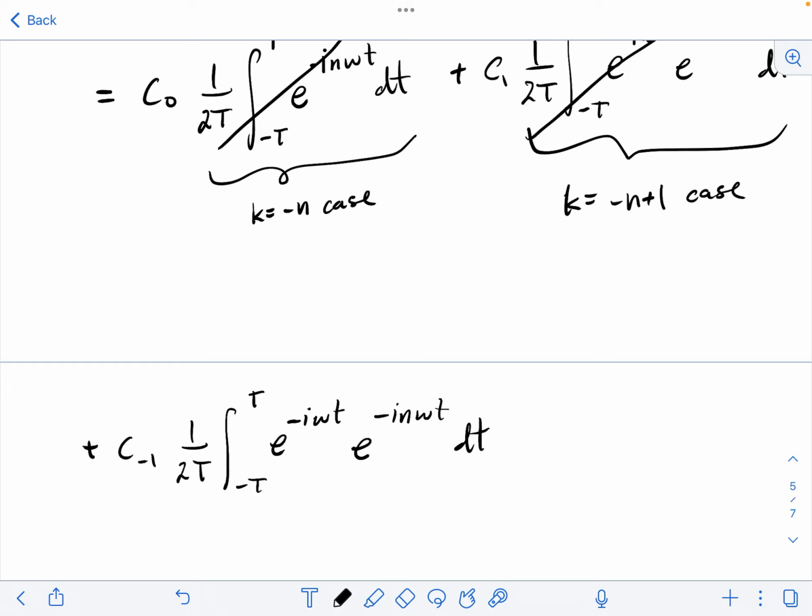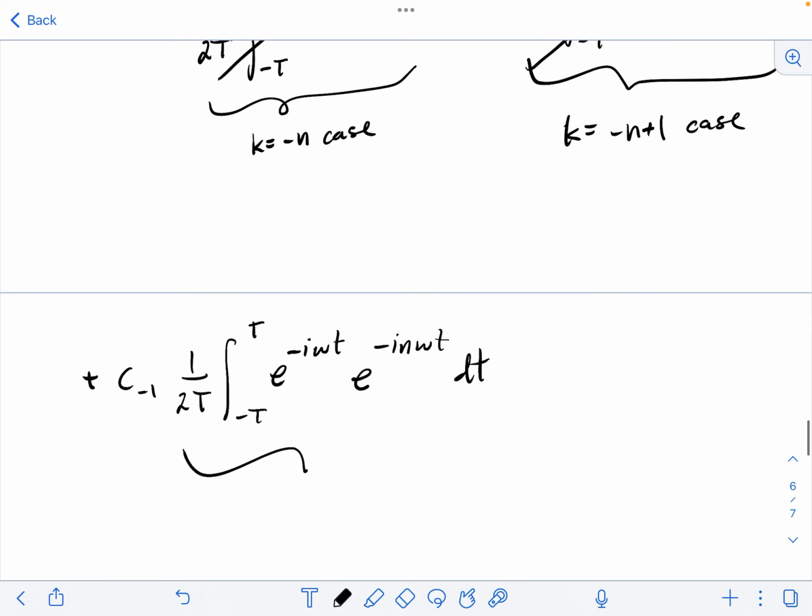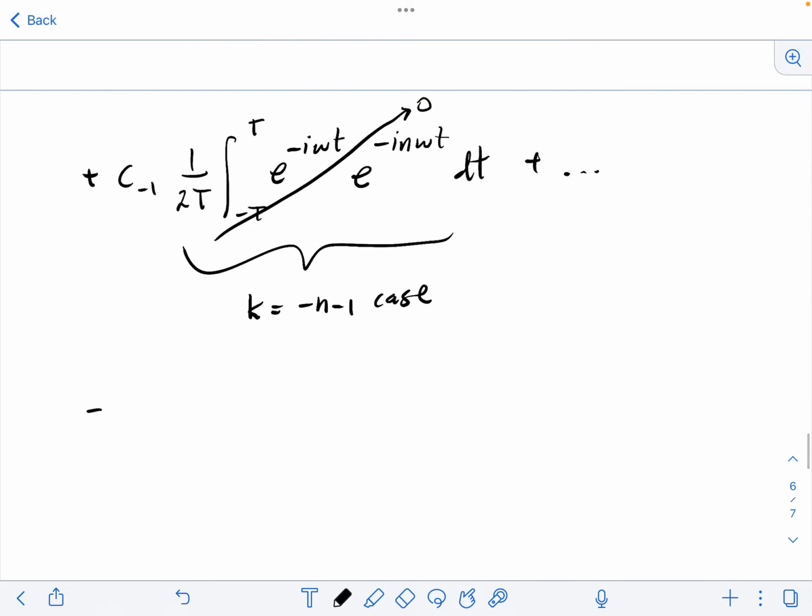We can combine the two exponentials, and we would have the case where k is equal to minus n minus 1, which is an integer, and this integral will vanish. And this will keep happening. We'll keep having all of our terms vanish until we encounter the cn term.